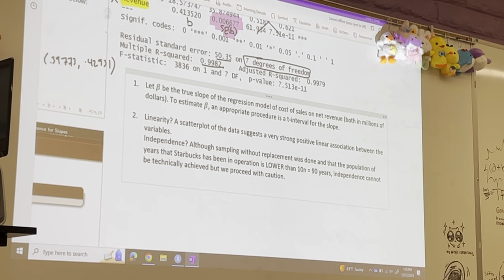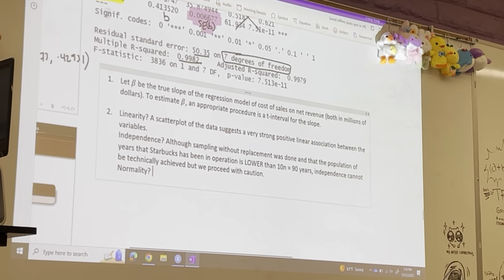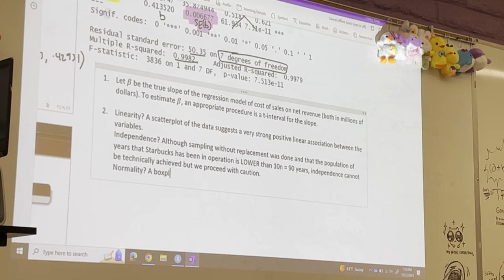All right. The next one is normality. Again, we only have 9 years. Doesn't work out, but a box plot of the residuals shows no extreme outliers and no extreme skew.